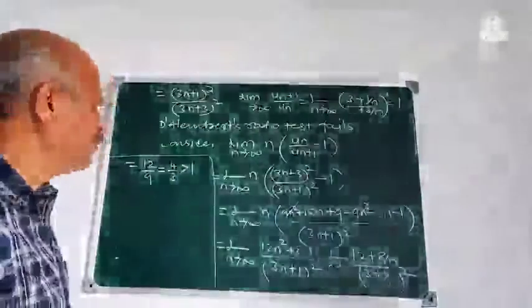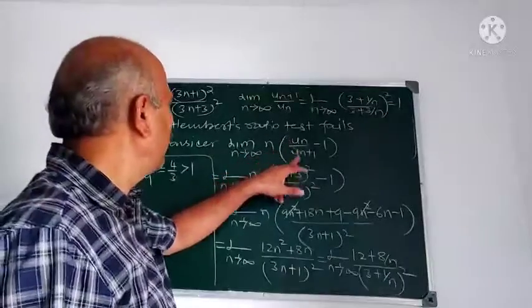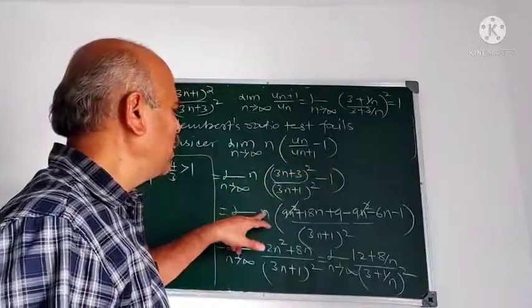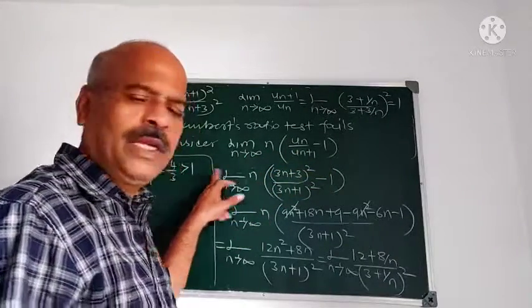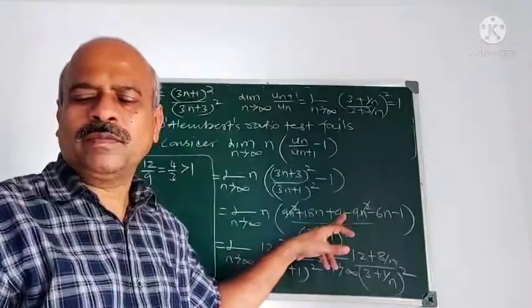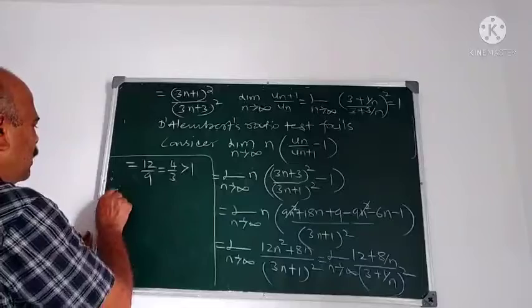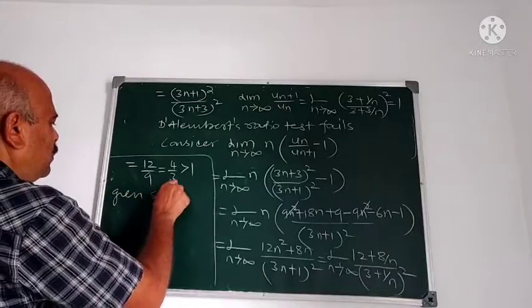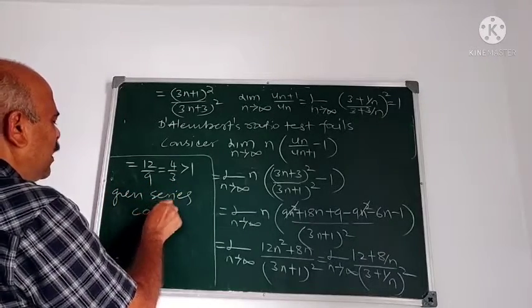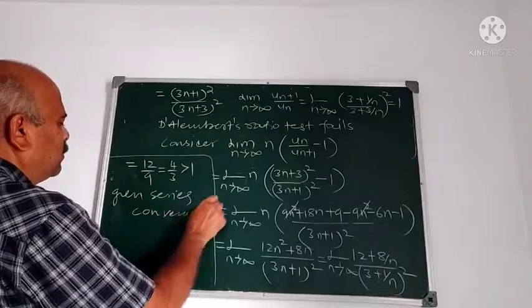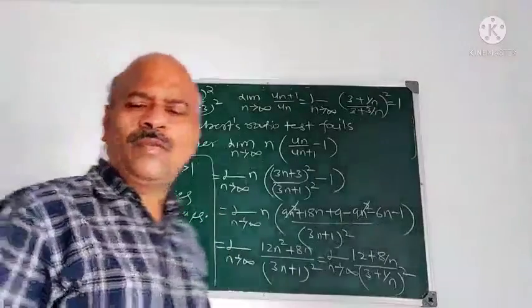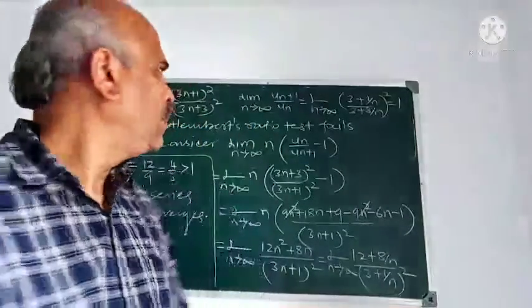In Raabe's test, if this limit of n times (un upon un plus 1 minus 1) is greater than 1, it converges. So the given series converges. This is by Raabe's test. Greater than 1, therefore converges.